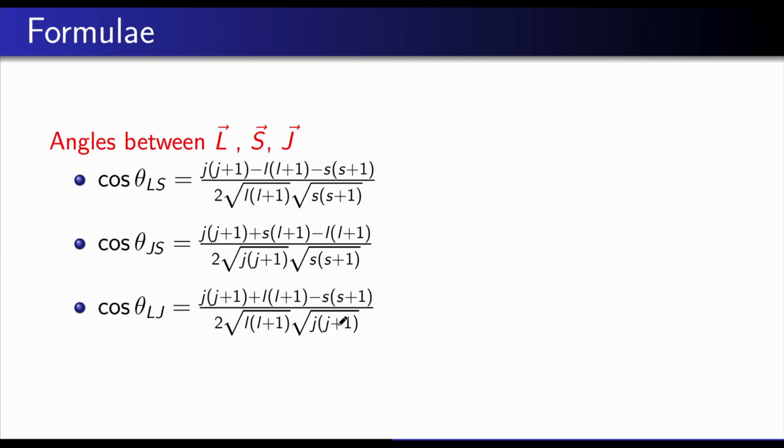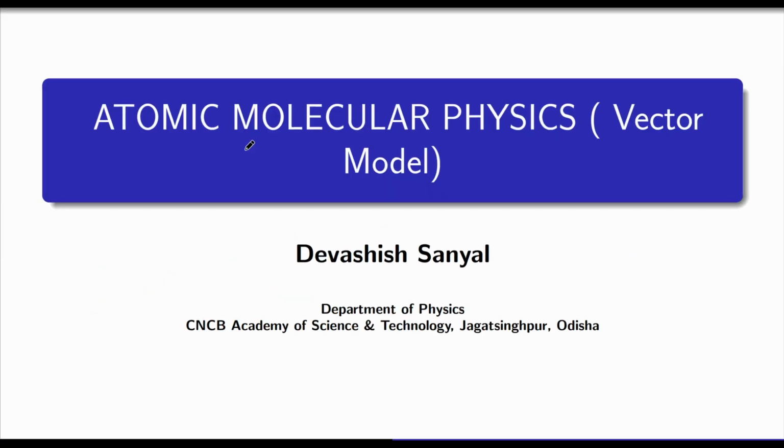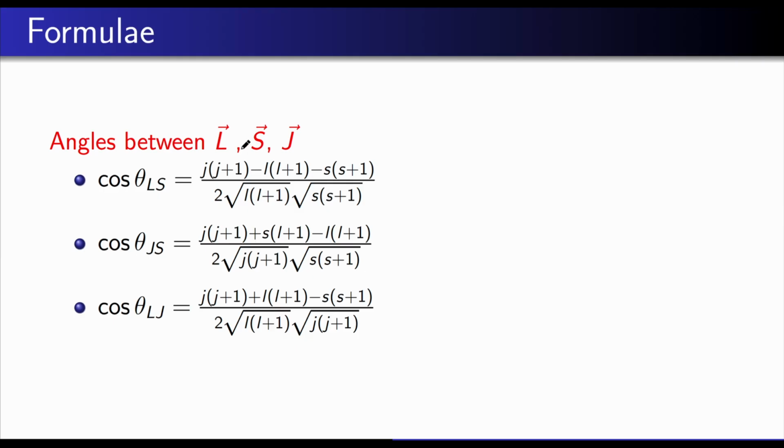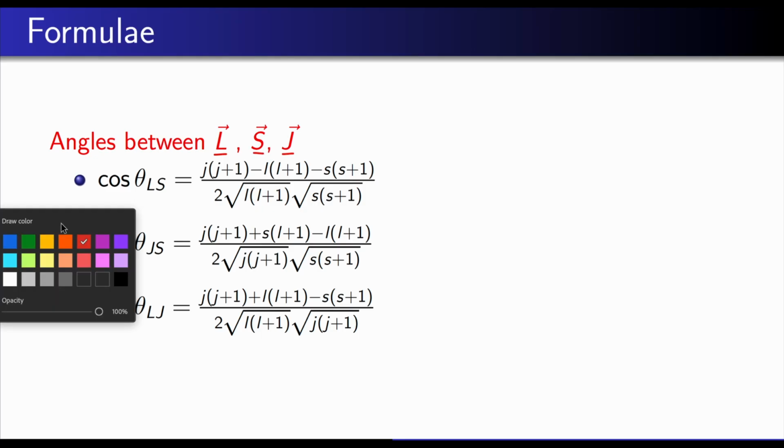Now we have three vectors. This is called the vector model. So this is a vector, this is a vector, and this is a vector.